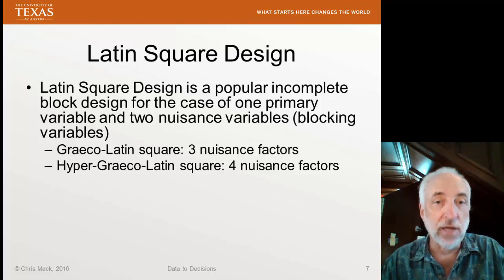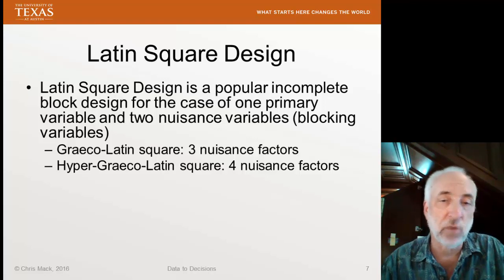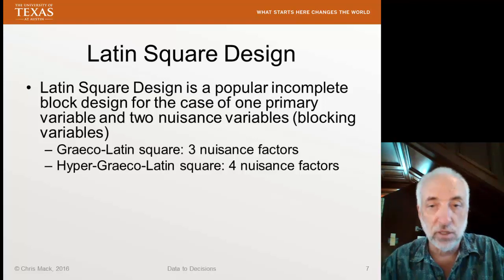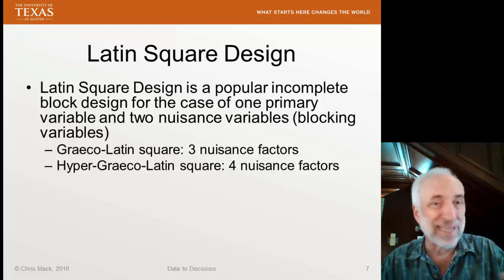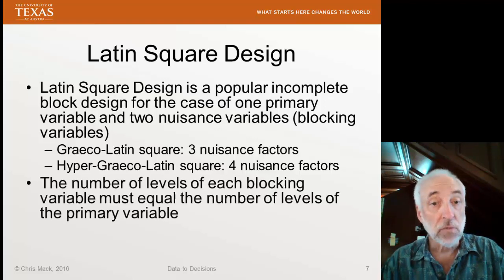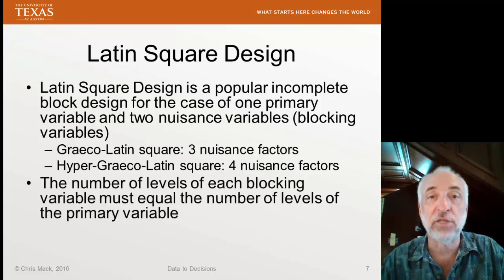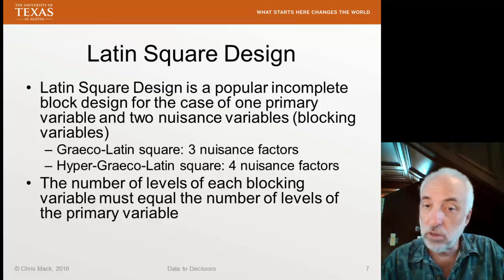Let me explain what that is. If we have 3 nuisance variables, we do something called a Greco-Latin square. With 4 nuisance factors, a hyper Greco-Latin square. I'm not going to talk about those. You'll get the idea of how it works from the Latin square design. An important limitation of this design: it has some valuable properties, but the number of levels of each blocking variable must equal the number of levels of the primary variable.